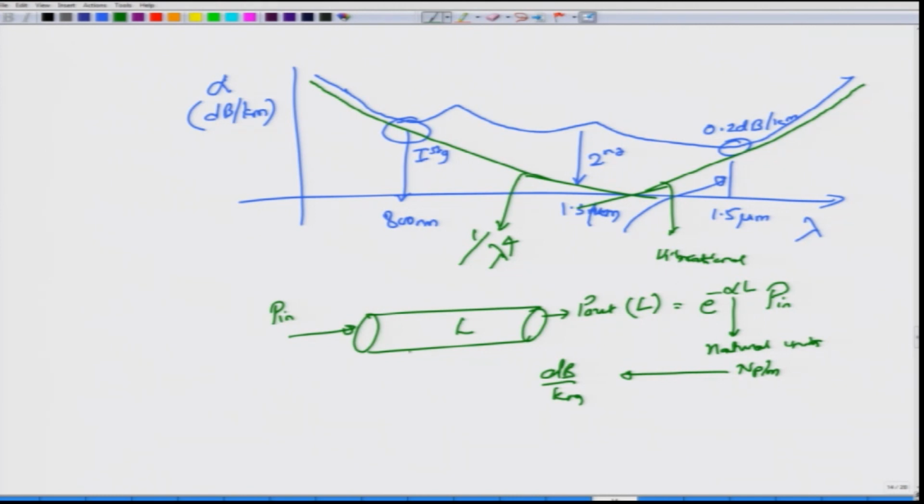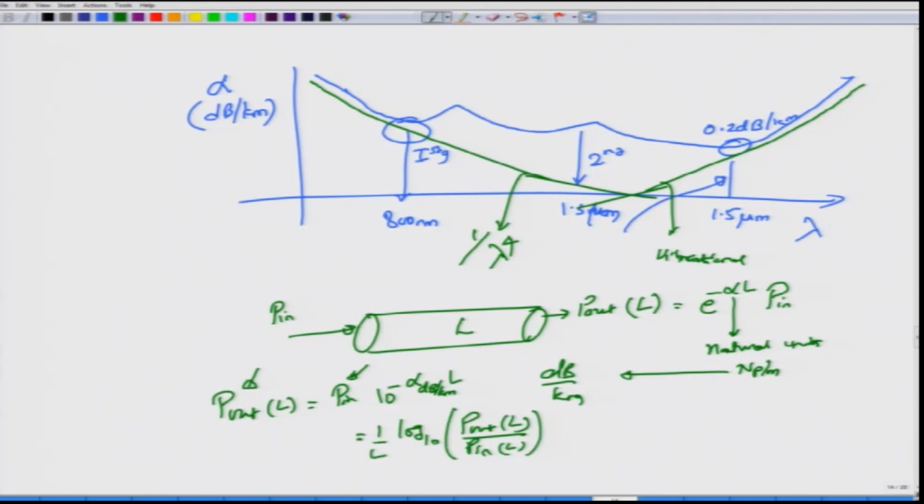So, if I were to calculate the output power, which is a function of L, as input power times 10 to the power minus alpha, measured now in dB per kilometer, times L. So, if you know the power that you got out and the power that you put in, then by taking log on both sides to the base of 10, you will be able to find out that 1 by L times this would actually be the loss. And because P out is smaller than P in, this loss factor is positive.